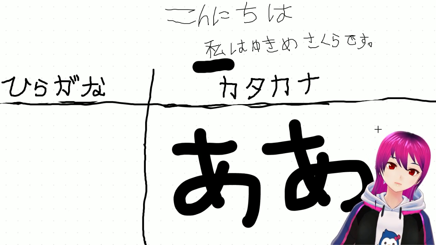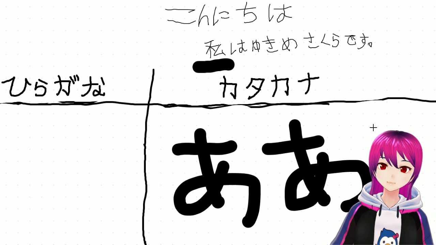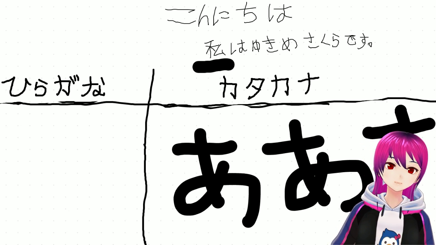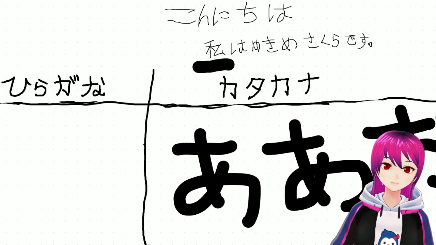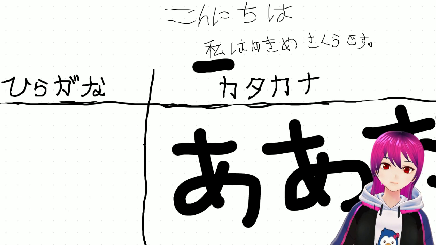The harder rules to remember are that some vowels can only be extended by different vowels. For example, O can only be extended with an oo for O.